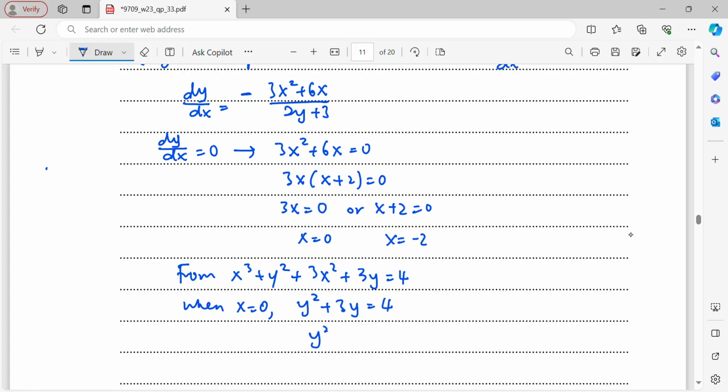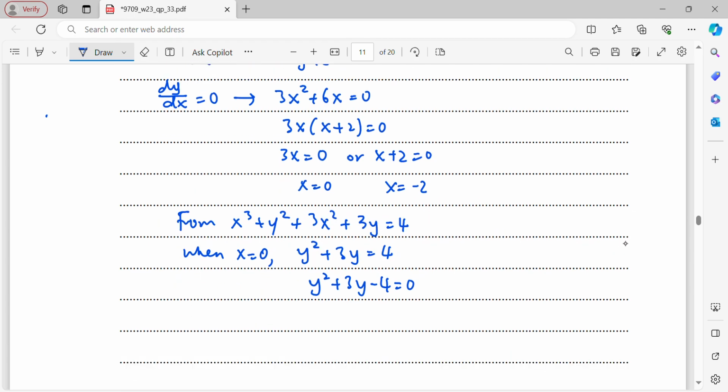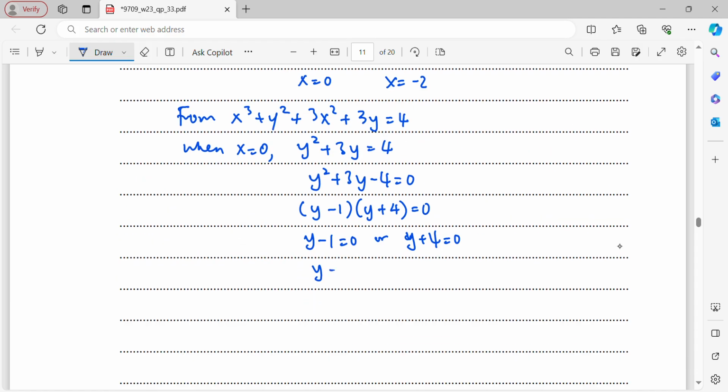Then y squared plus 3y minus 4 equals 0. Then I will factorize this quadratic equation: (y minus 1)(y plus 4) equals 0. Which means y minus 1 equals 0 or y plus 4 equals 0. Then I will get two y values.